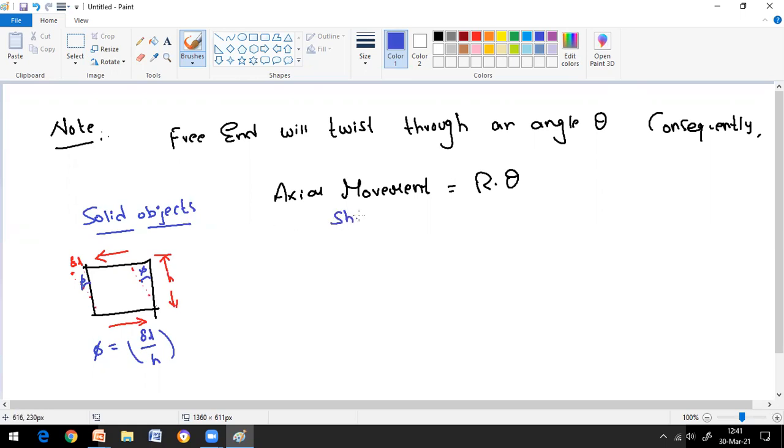Let me see for shafts. Shafts are also subjected to twist, right? So why does the shear modulus or modulus of rigidity come into the picture in shafts? Let's take a shaft.